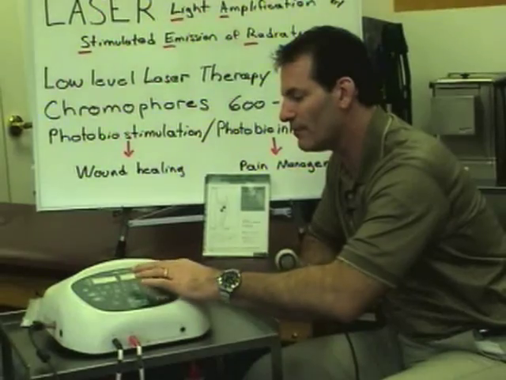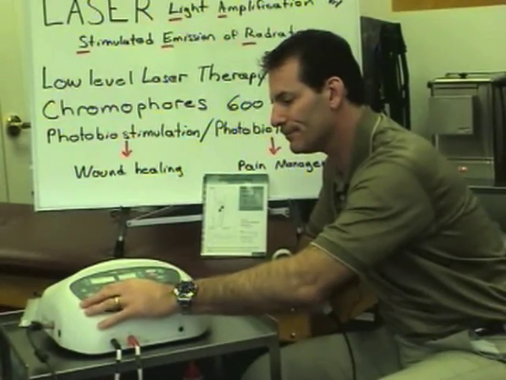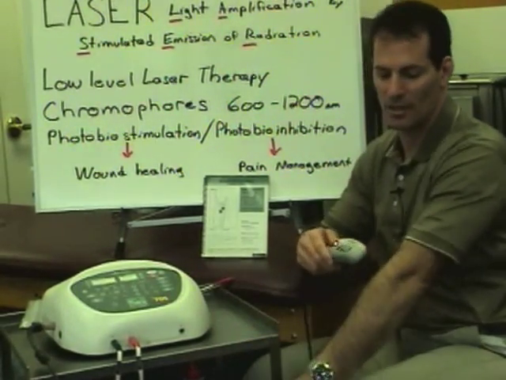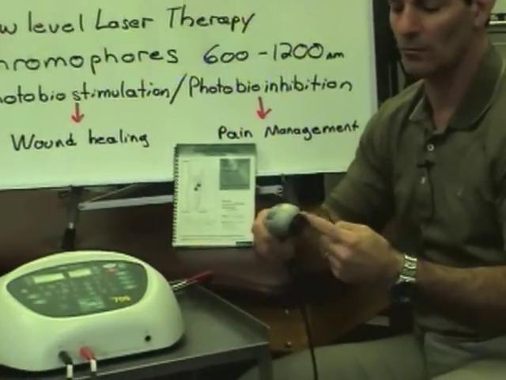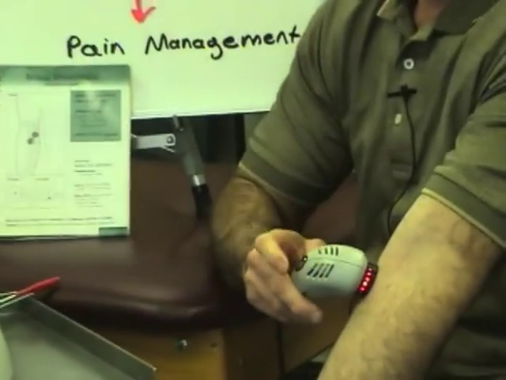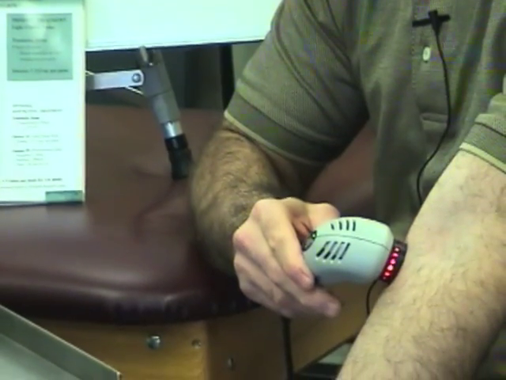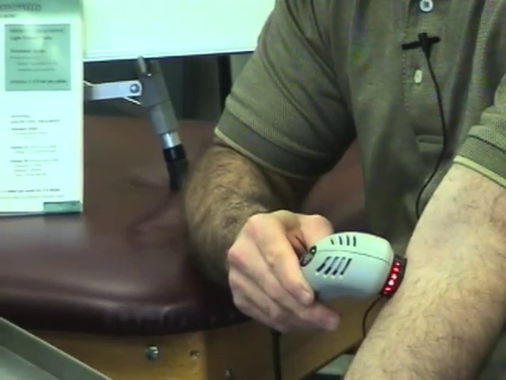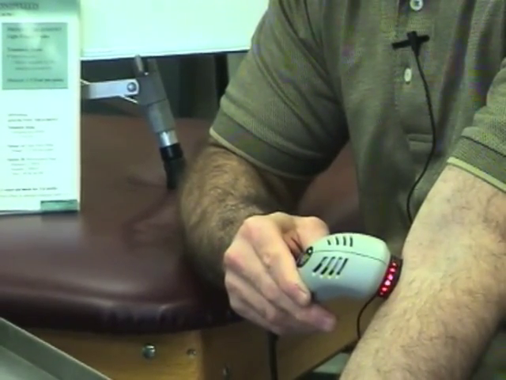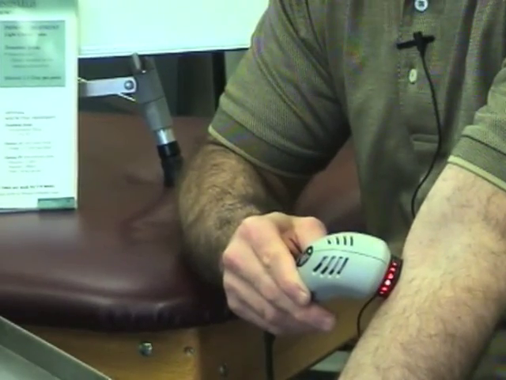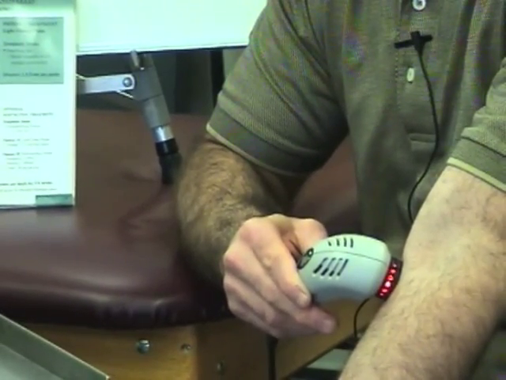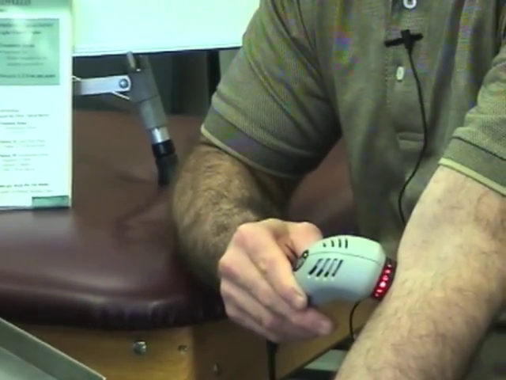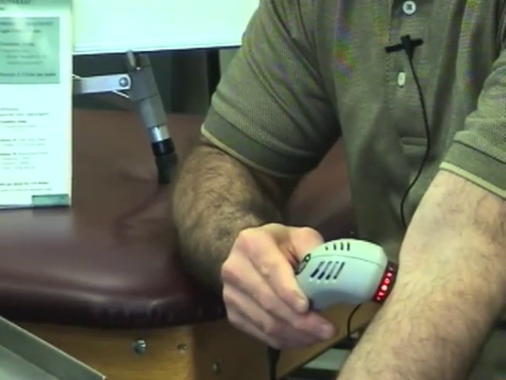So we'll set it up for just a short burst, and you'll see there's going to be a red glow right around the diode, and that's pretty much how the treatment is used. This particular treatment time is just 30 seconds, and I'll do this in 2 different spots around the elbow, and we're done. Now, there are different treatment times for different conditions.